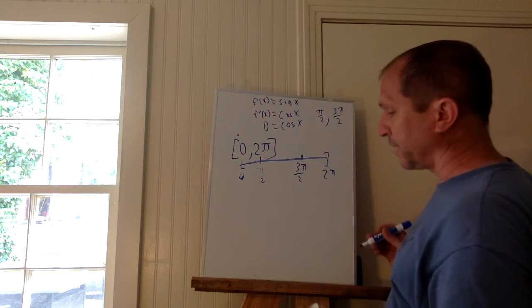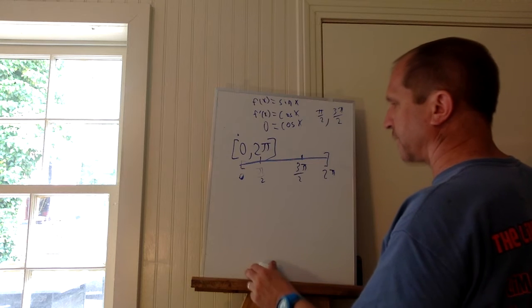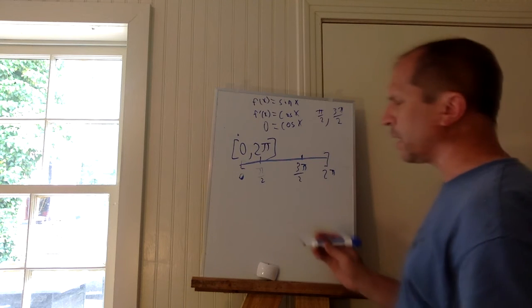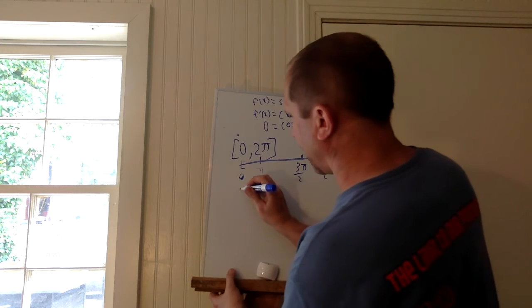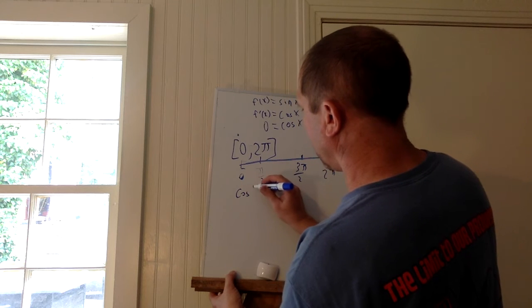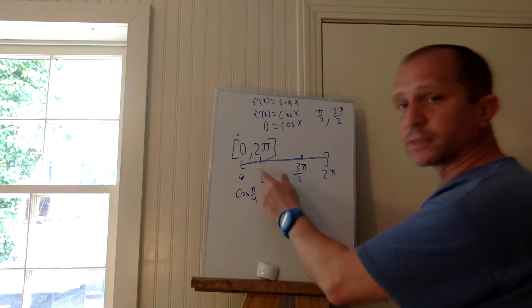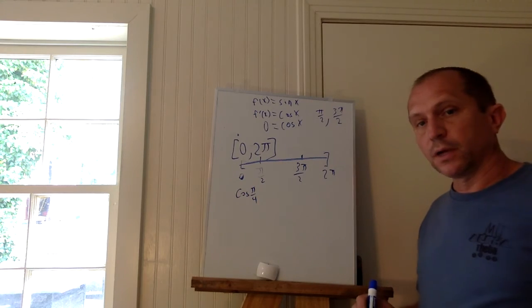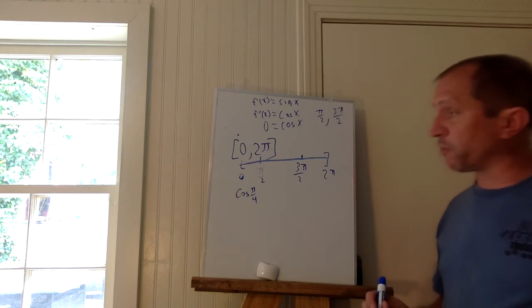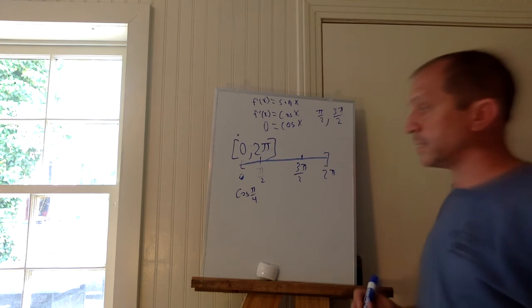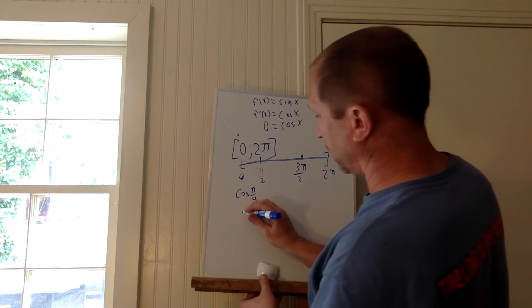Now, thinking a little bit further along the lines of this, let's consider what the cosine of pi over 4 is. See, pi over 4 would be in this interval from 0 to pi over 2. All right, the cosine of pi over 4 is the square root of 2 over 2.